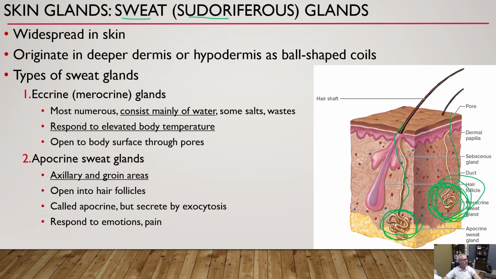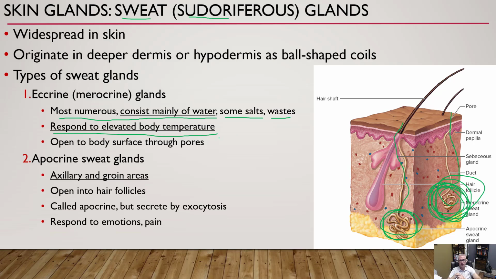So sweat is basically a bunch of water with some salts, a little bit of waste products, in response to elevated temperature. So this is just regular natural sweat. You go for a run, you sweat, you lick your arm, and it tastes like salt water.